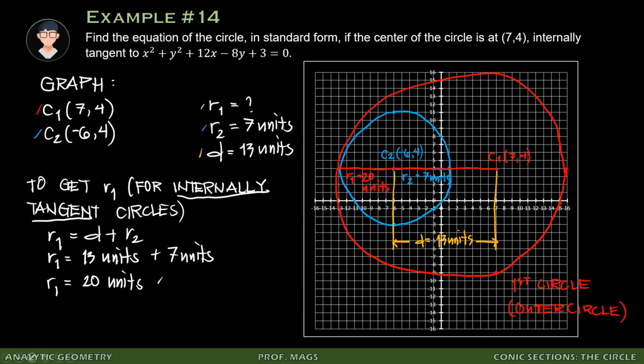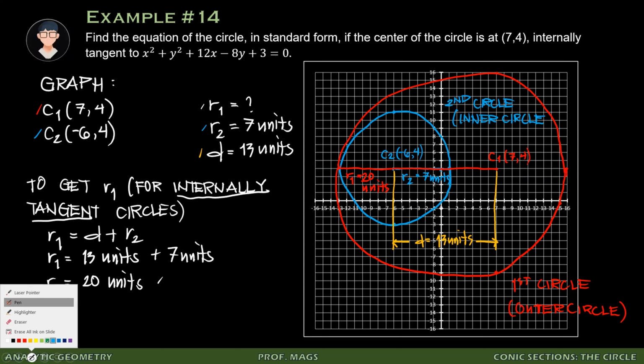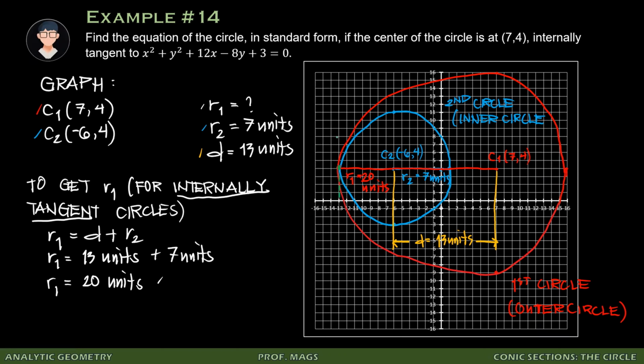And yung kulay blue naman na circle, that will be our second circle, also called the inner circle. And as you can see, nag-intersect sila dito, dyan. Okay? That will be our point of tangency, which is negative 13 and 4.